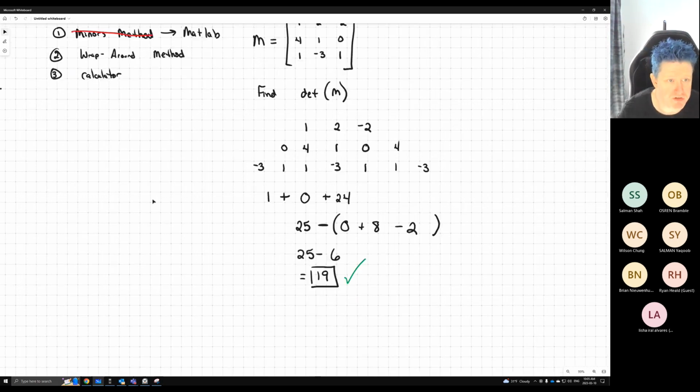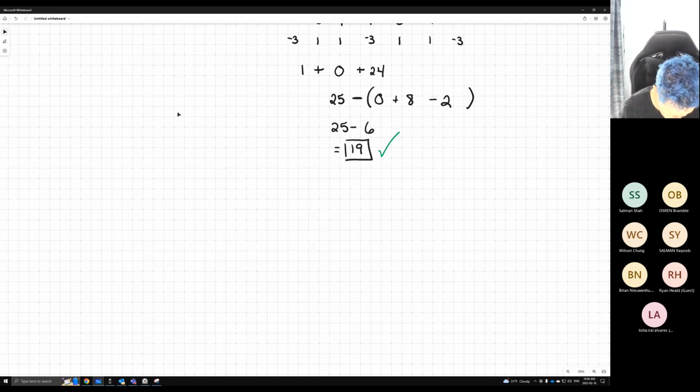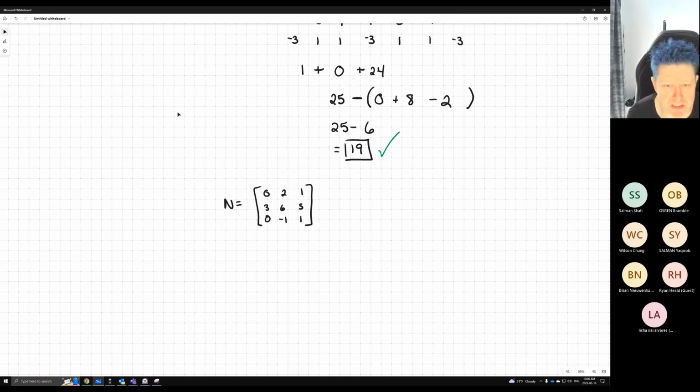Let's say we have a matrix called N, and let's say N is the matrix 0, 2, 1, 3, 6, 5, 1, -1. Let's make it 0, 0, -1, 1. I don't want to put very large numbers in here because very large numbers make our life miserable.